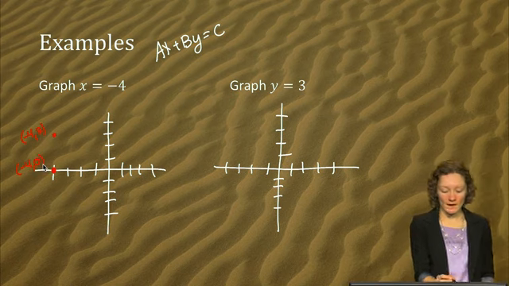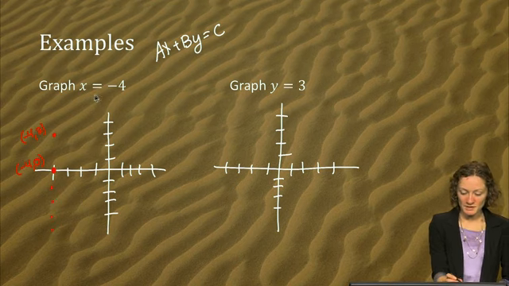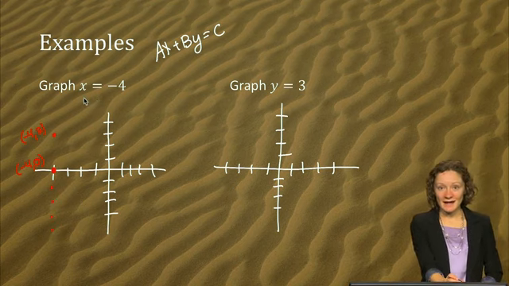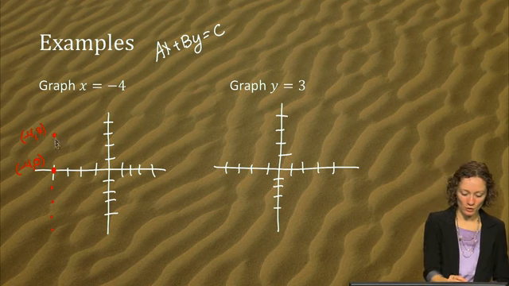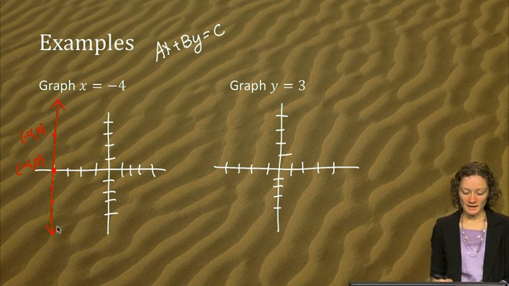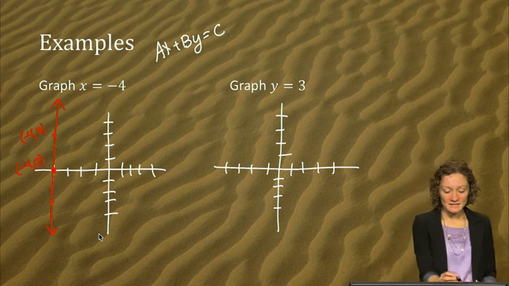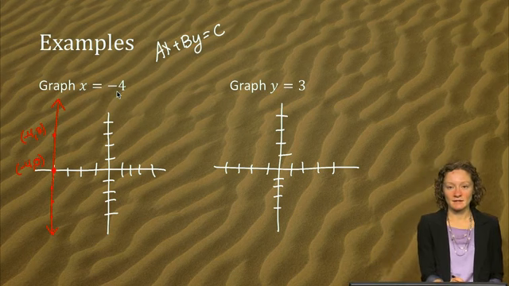It doesn't matter what y is, you can make it anything. What matters, based on our equation, is that x is -4. So here's a whole bunch of points. Well, for a line, all you need is 2 points. So connect them, and you have your linear equation. So an x equals a number line is a vertical line.